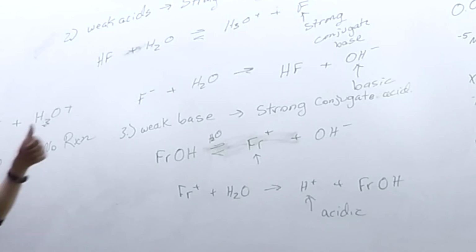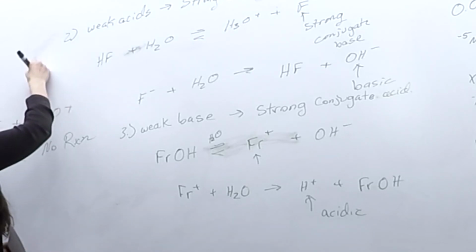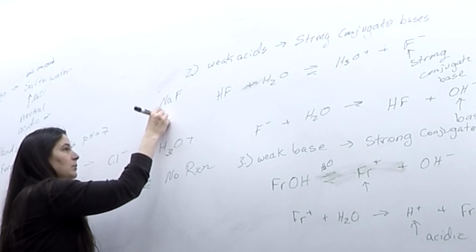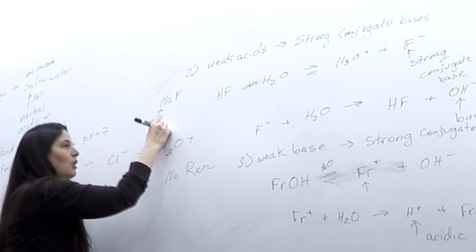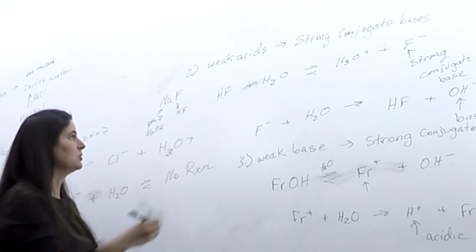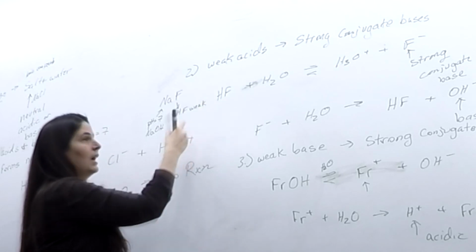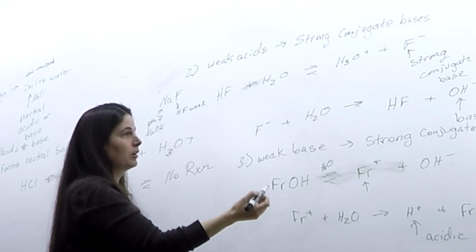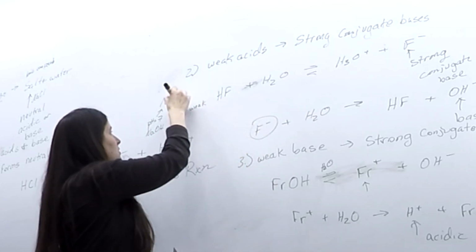So all you have to do is remember that strong acids make neutral salts. But let's say instead of NaCl, the salt we get is NaF. The sodium side is neutral because it is from a strong base. But when you work the fluoride back to the acid, you get HF, which is weak, and weak acids create a strong conjugate base, this F minus here.